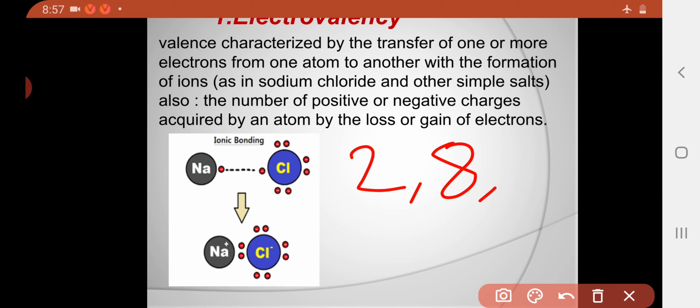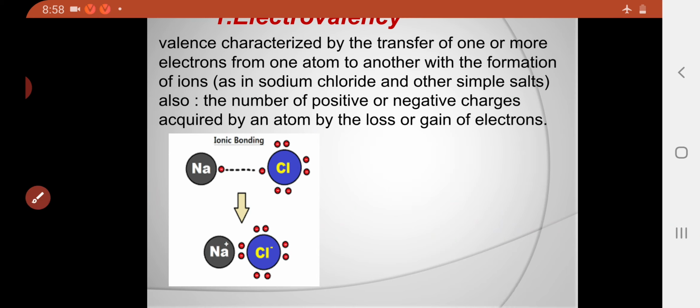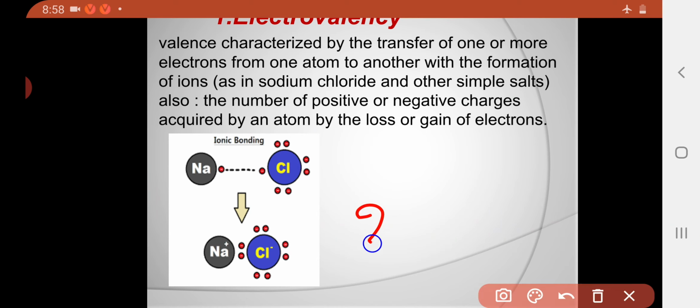Then the outermost orbit contains 7 electrons, right? So the first orbit contains 2, the second orbit contains 8, and the third orbit contains 7 electrons.